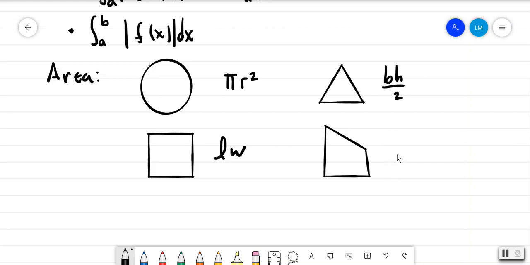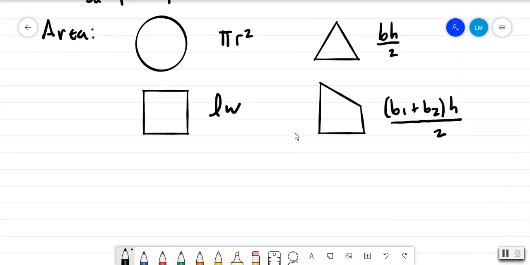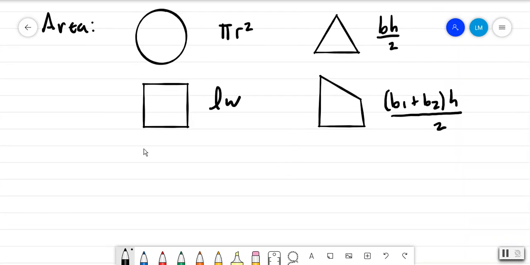Accordingly, the area is going to be the sum of the two bases multiplied by the height and then divided by 2. Now, mostly, if you were to have, for example, the integral from 0 to 3 of 9 minus x squared dx, not that actually.